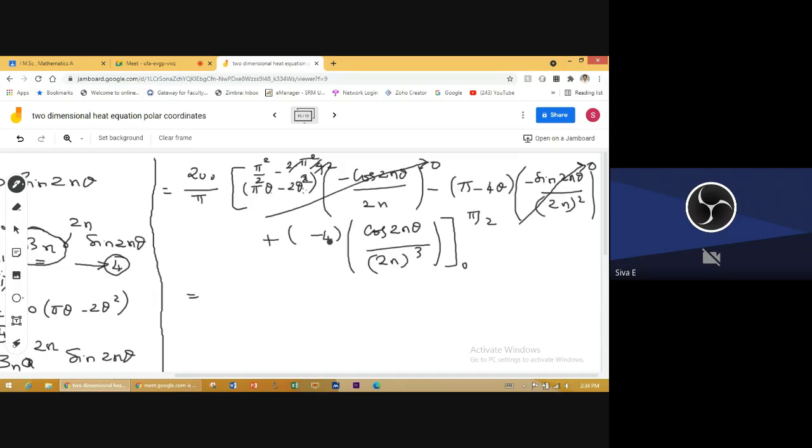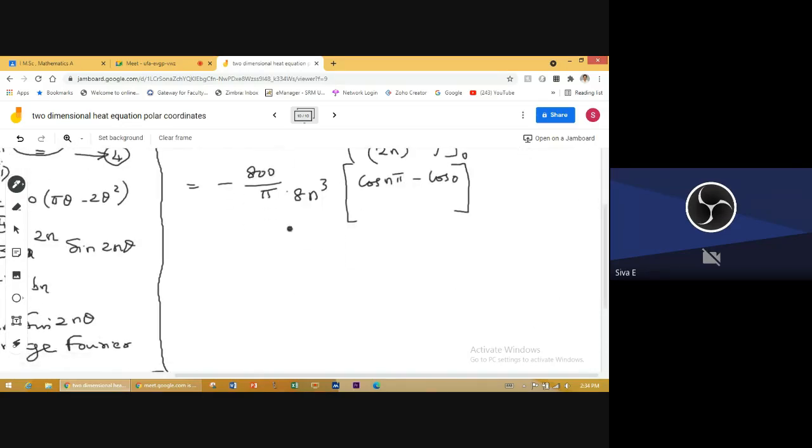Take 400 outside, minus 4 into 200, 800. 800 by pi, and then in the denominator 2n cube is there. That means 8n cube. Cos pi by 2 substituted here, cos n pi minus cos 0.